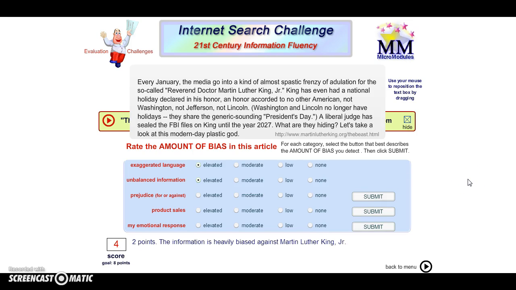Turns out the information is in fact heavily biased against Martin Luther King Jr. Prejudice. This one is fairly easy to read as you reread the paragraph. Prejudice means, is it for or against a certain topic? If we're reading this, we would have to say the prejudice is against Martin Luther King Jr. And at an elevated level, a moderate, low, or none, again, I'd have to choose an elevated level.